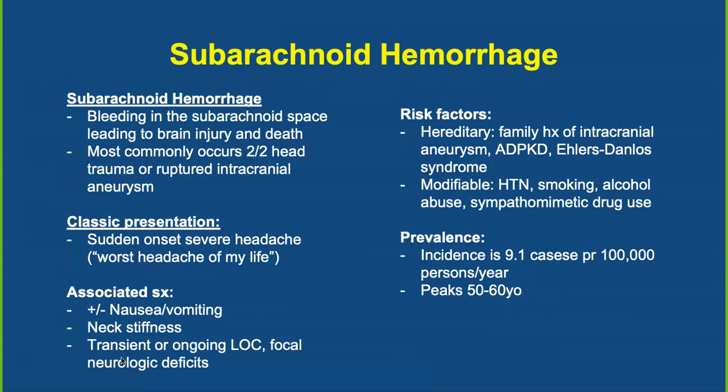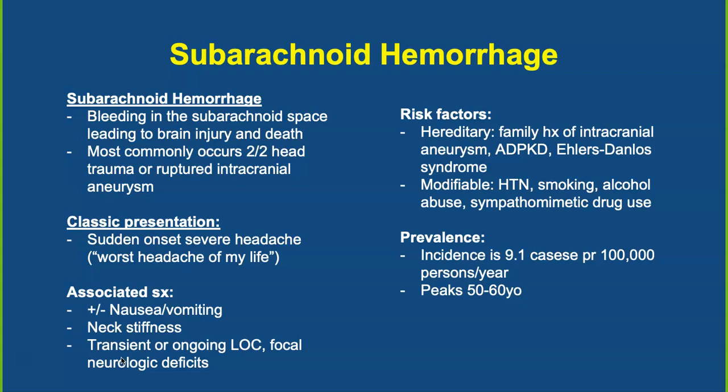Now we're going to talk about subarachnoid hemorrhage, which you'll also learn about a little more in brain behavior, but the thing to know is that it's bleeding within the subarachnoid space in the brain. Usually comes after trauma or a ruptured aneurysm. The classic presentation is someone will say that it's the worst headache of their life. It's a sudden onset severe headache. It may be associated with some nausea and vomiting, maybe some neck stiffness.